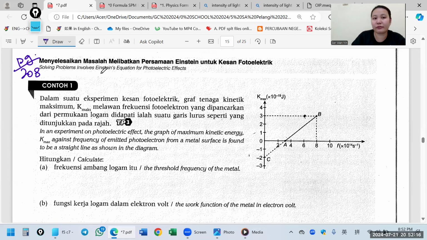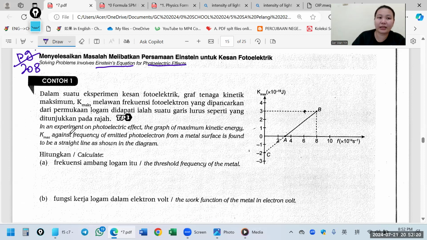Solving problems involves the Einstein equation for the photoelectric effect. In an experiment on the photoelectric effect, the graph of maximum kinetic energy, Kmax, against frequency. Be careful here.